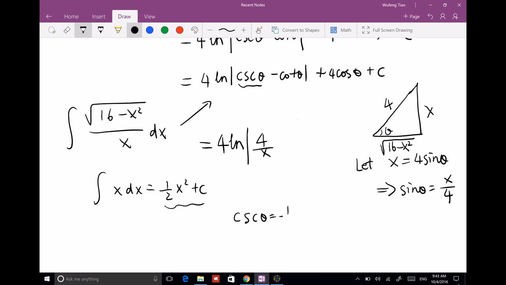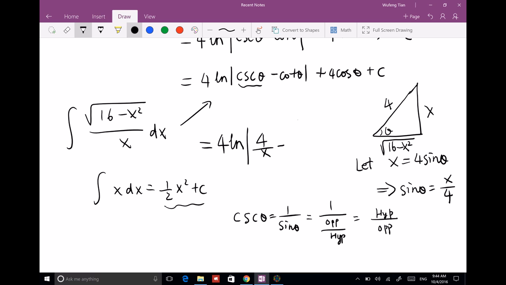Cosecant theta is 1 over sine, and sine is opposite over hypotenuse. Then you flip, which is hypotenuse over opposite side, which is 4 over x. Perfect. Okay. So now could you please help me finish the rest of them?